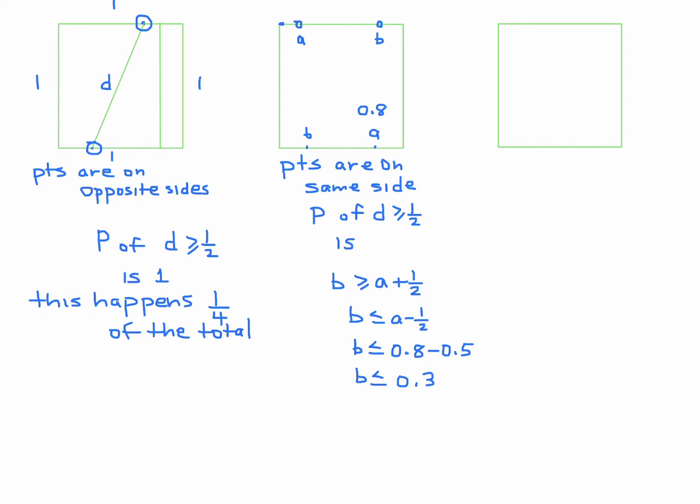So B has to be less than or equal to 0.3, so let's say it's 0.2. And that indeed would make the distance from A to B greater than or equal to a half. So those are the two inequalities that must hold true.